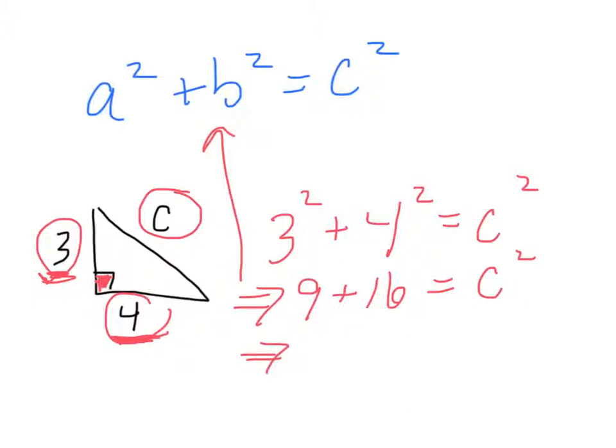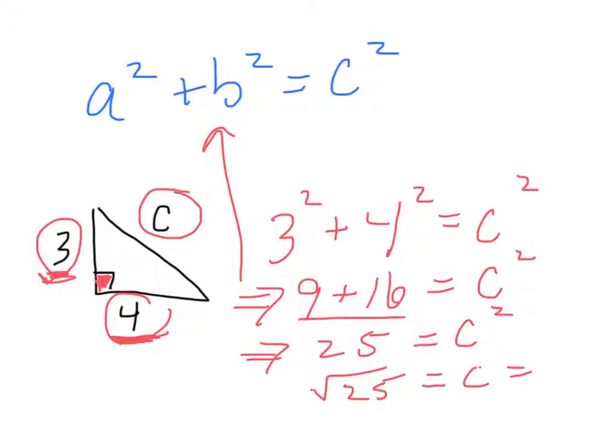We simplify this further, so that's 25 equals c squared. Now we take the square root of 25, and this equals c, which equals 5. And that is a solution. So now we've found the hypotenuse using the Pythagorean theorem.